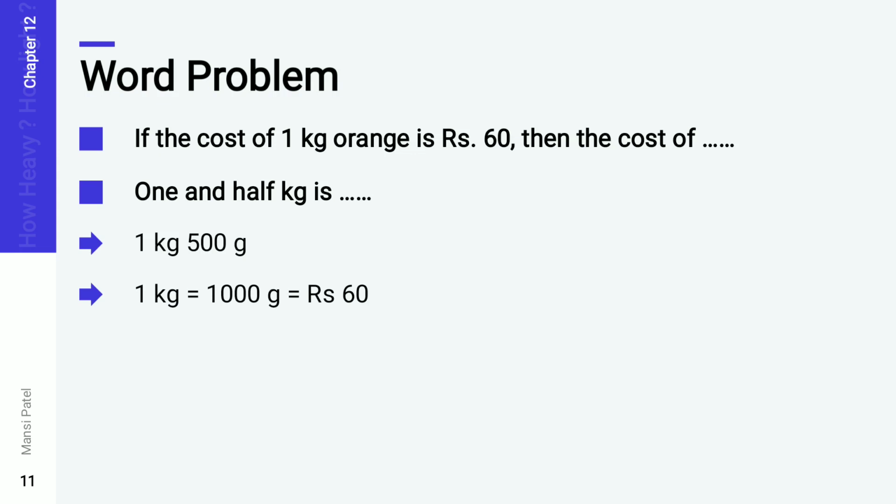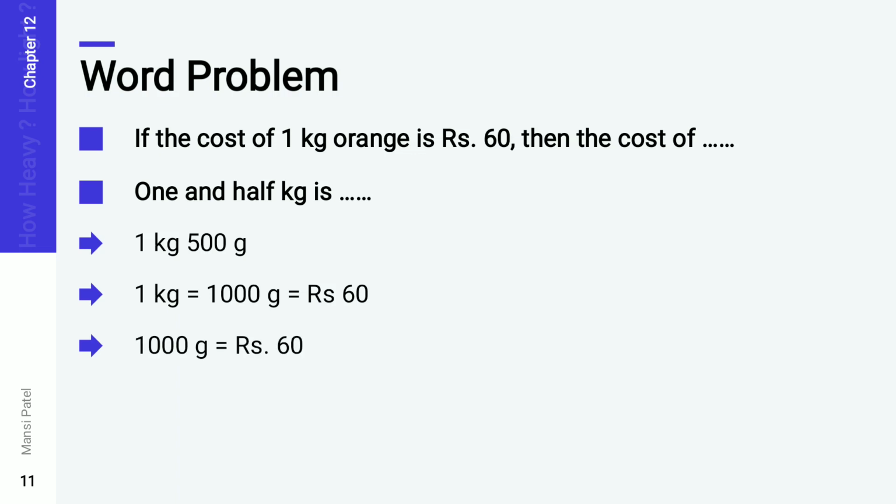As we know already, 1 kilogram is equal to 1000 gram, and the cost for 1000 gram oranges is rupees 60. If 1 kilogram is equal to rupees 60, then also you can say that 1000 gram is equal to rupees 60.